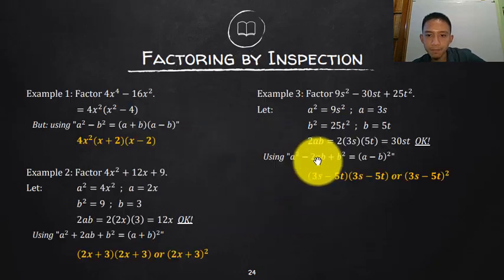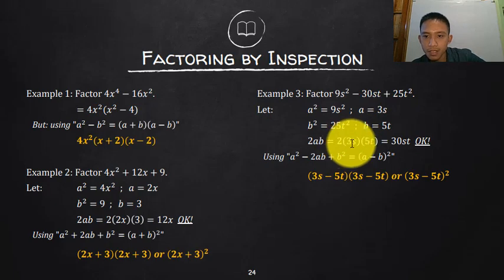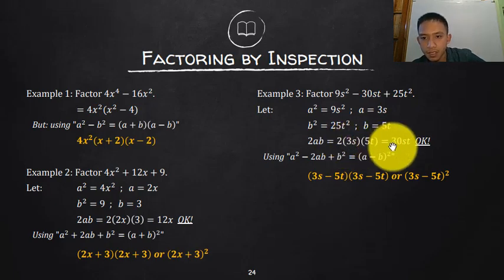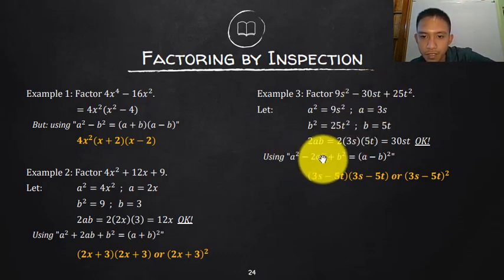Okay? So again, check your 2ab. 2 times your a, which is 3s, times b, which is your 5t. So 2 times 3 is 6 times 5 is 30st. Is that 30st? Negative 30st? Yes. So we can make use of this one, your perfect square of the difference.